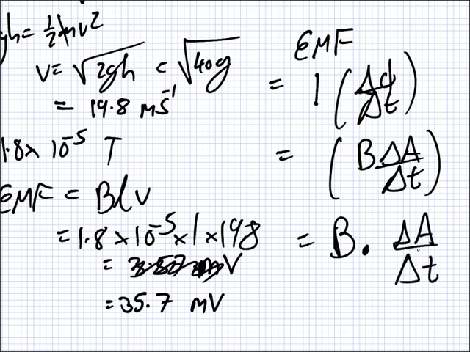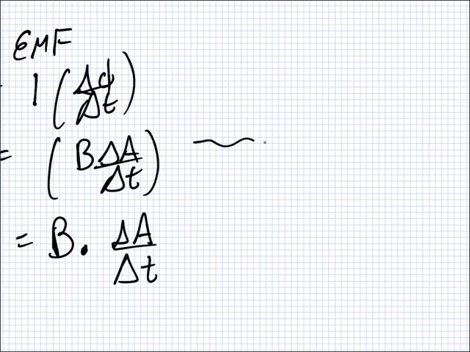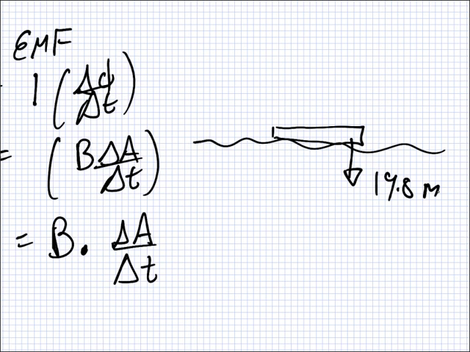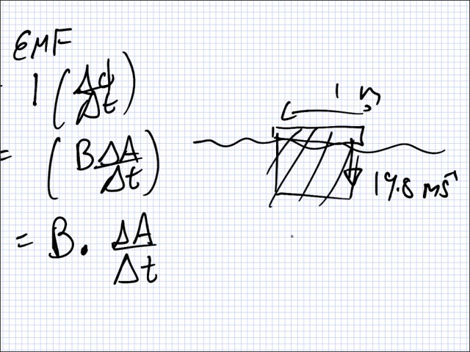And what's happening is, there's the ground. When the rod hits the ground, it's going at a speed of 19.8 meters per second. And this length here is 1 meter. So at the moment of impact, it's trying to produce an area of 19.8 meters squared per second.